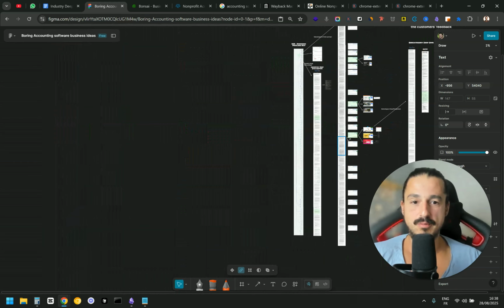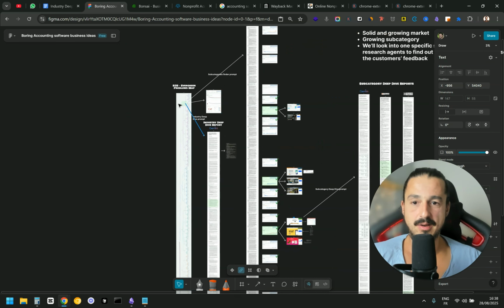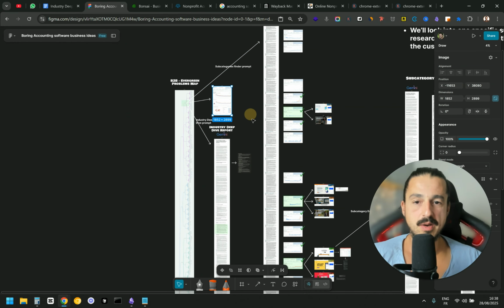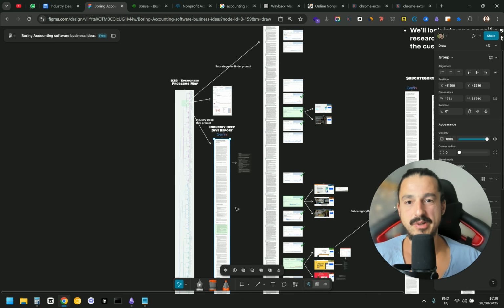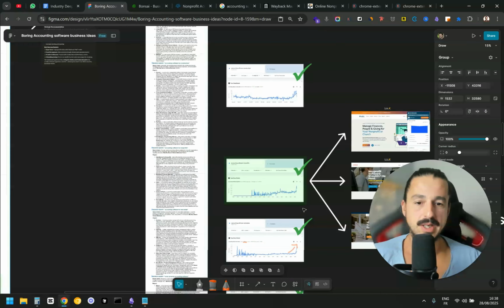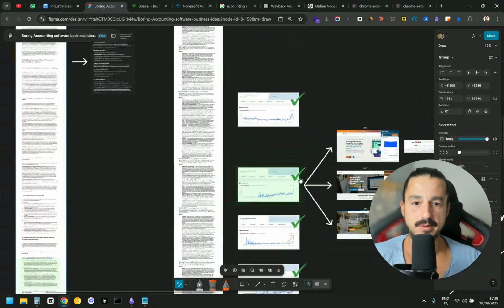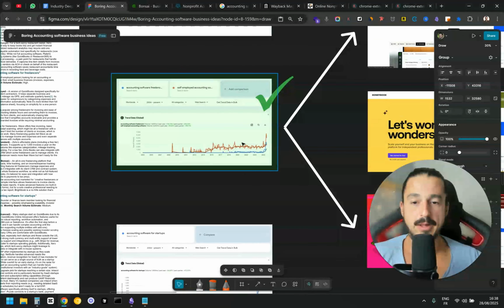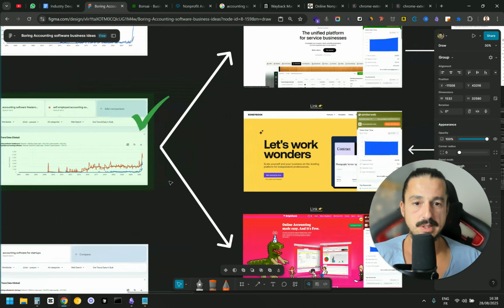First of all, let's take a step back. We know we are in a growing market. The first thing we did when we educated ourselves was get some insight that freelancers and independents are probably the less well served in this market. Then looking into the trend, we figured that the volume is good and the trend is solid.